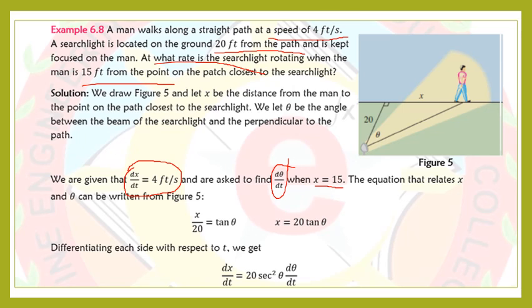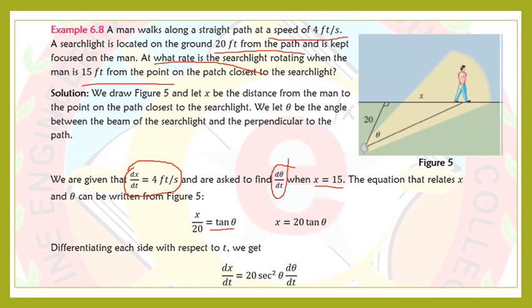So, x over 20. So, this is a right triangle. So, ang x natin is the opposite side divided by the adjacent side, which is equal to tangent theta, or sine over the cosine, that is tangent theta. So, solving for x is equal to 20 tangent theta.